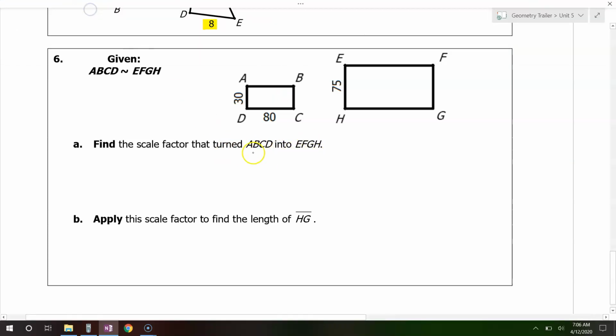So when they give us a statement like that, they're telling us that this one is the old and this one is the new. So if I want to find the scale factor, I know that the scale factor is always going to be new over old.